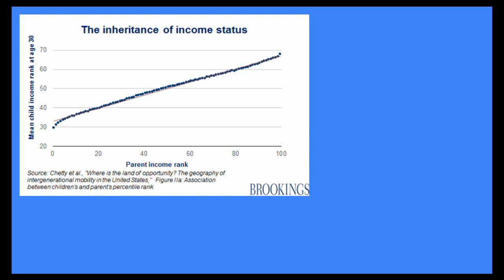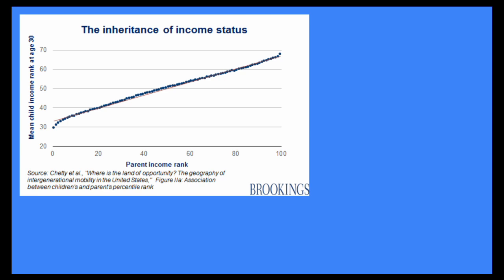And the parent's income rank. First of all, the fact that this is actually a slope and not just a non-linear trend of some sort is indicative to us that parents' incomes are predictive of a child's income.